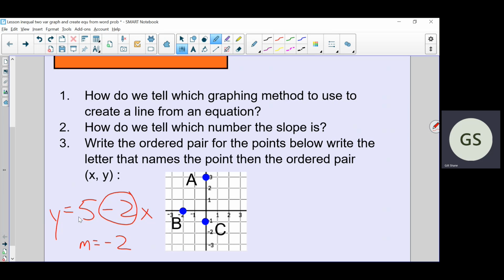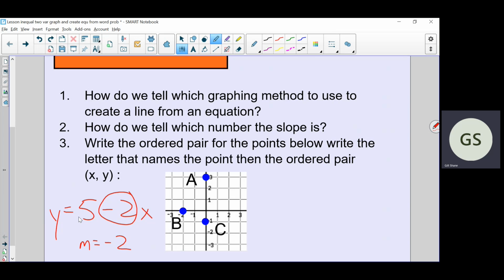I can't give you partial credit for not being able to pull the slope out of an equation, or the y-intercept out of an equation, or being able to put the point. Let's say you do pull it out of the equation correctly, but then you put it on the wrong spot on the graph. There's no partial credit for missing any of those. You've got to be careful. The highest score so far on the quiz, and again, I haven't finished this class, but I've graded some of them, is a 91.